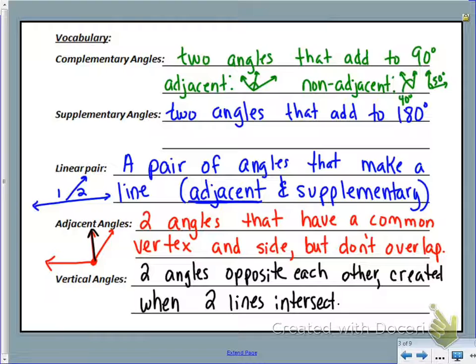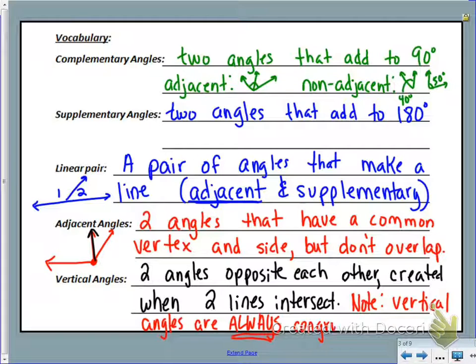I want you to make a note about vertical angles. Vertical angles are always congruent, which means they have the same measure. So let's look at this definition. So we have two angles opposite each other created when two lines intersect.